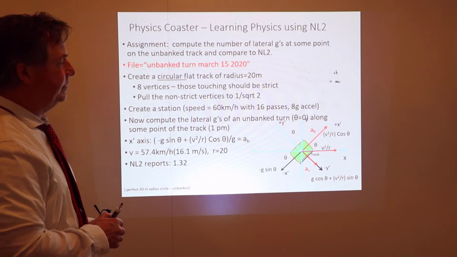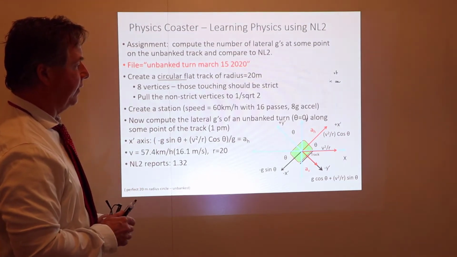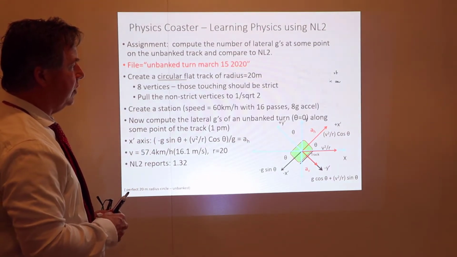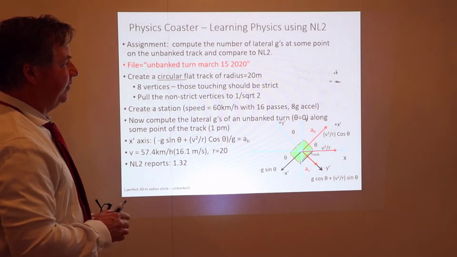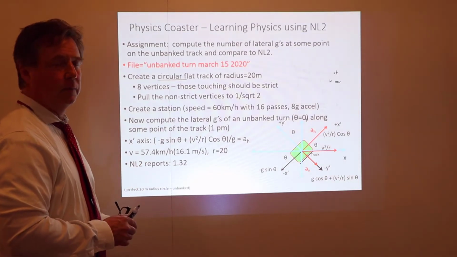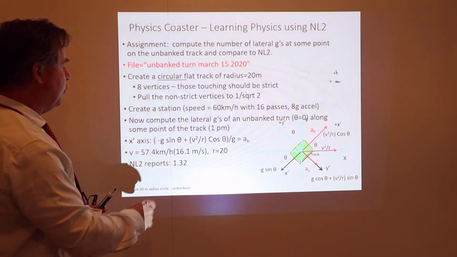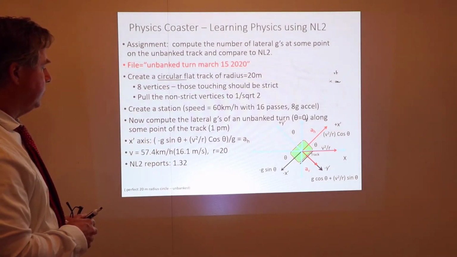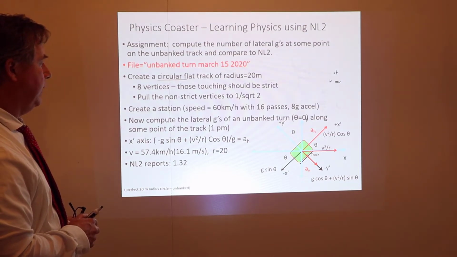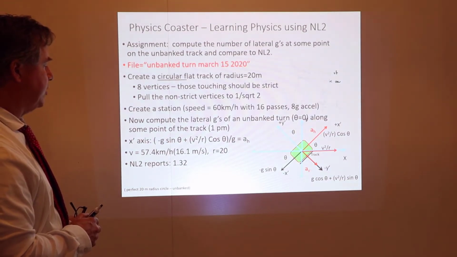The acceleration is really not that important. The most important thing here is that as it moves along the circular track, its velocity will be approximately constant. It'll drop a little bit with distance due to friction. And then I'm going to compute the horizontal acceleration.